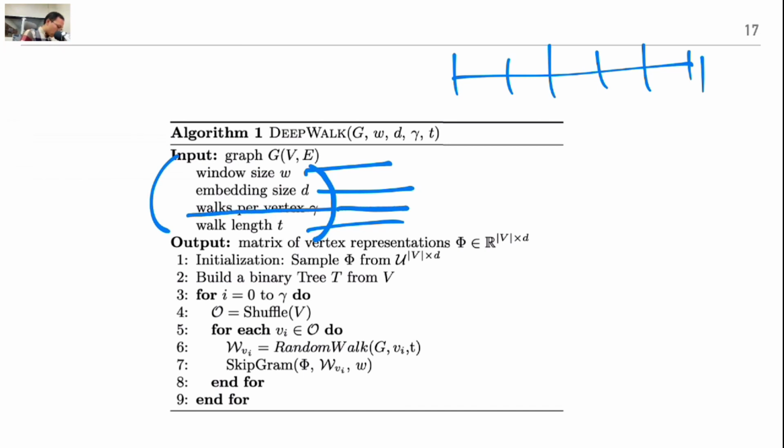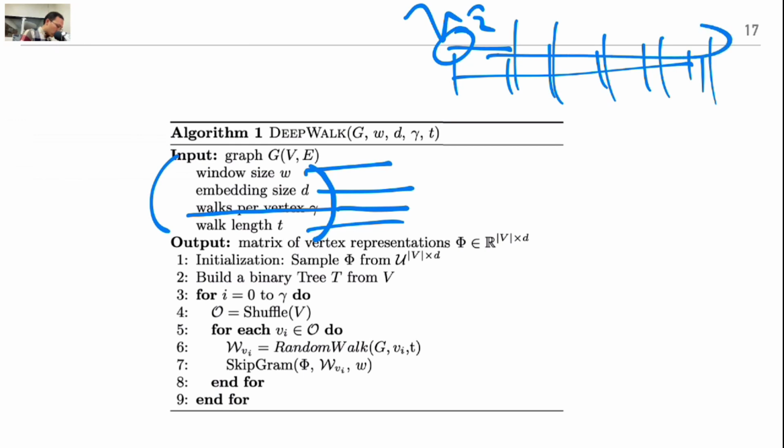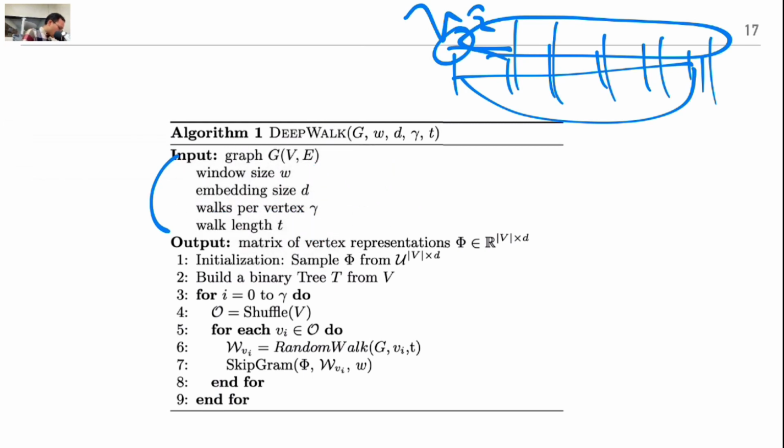Walks means from some input i, we have in this case a 1, 2, 3, 4, 5 sequence as neighbors, and this is the number of walks per vertex, right? This one. Embedding size is the previous k. And window size is maybe we use this, for example. So we choose one of them.